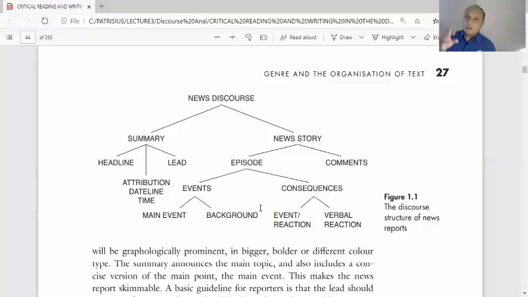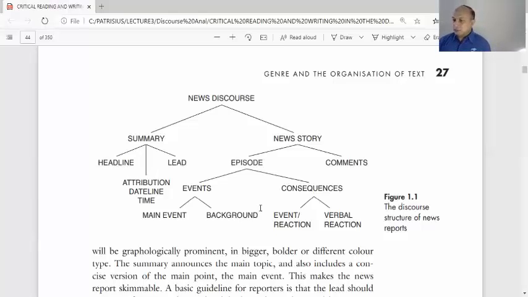Remember that what goes into the title, what goes into the headline, is intended to provoke you, to influence your way of thinking. If you're not careful, then you will be influenced blindly by this headline or by the title.